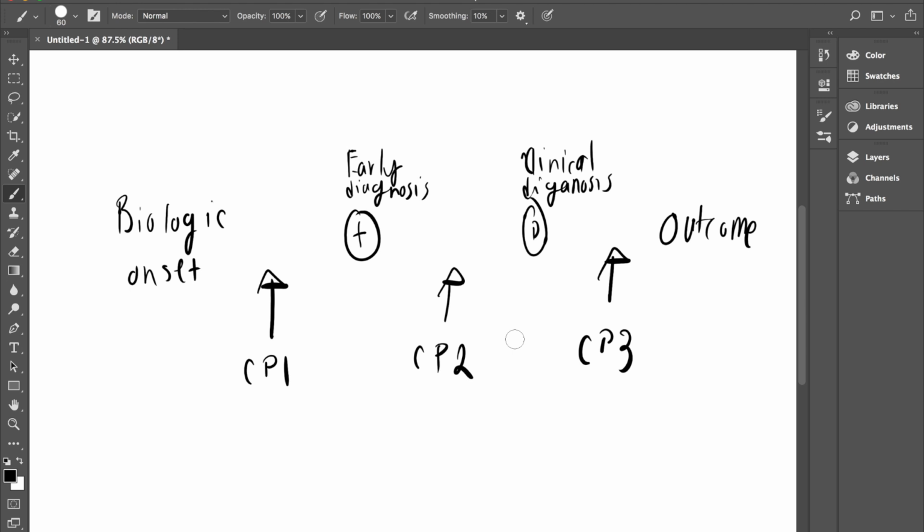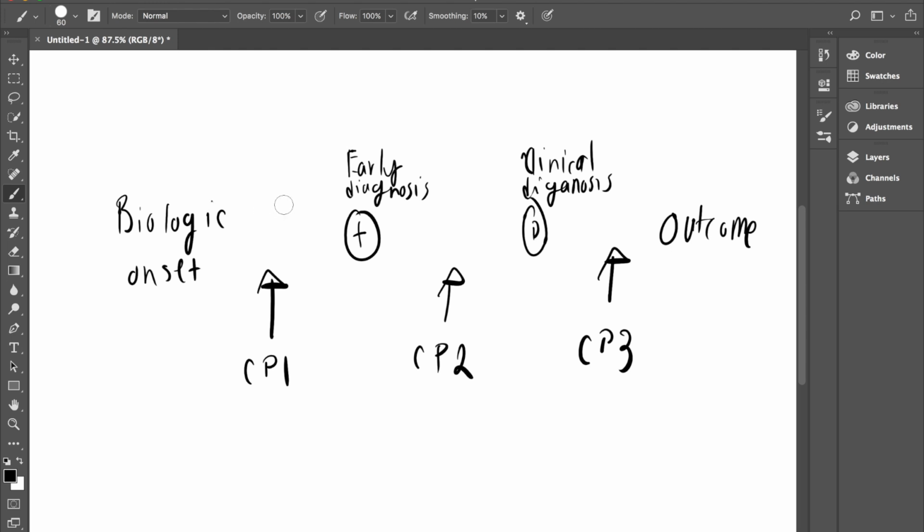If you're able to find that people who are screened have a more favorable outcome than those who are not screened, that's going to help us determine whether or not we should screen. But that favorable outcome is only possible if the person falls into a specific critical point.